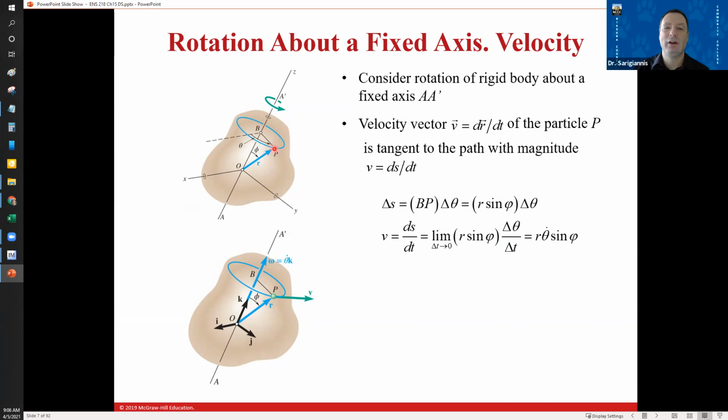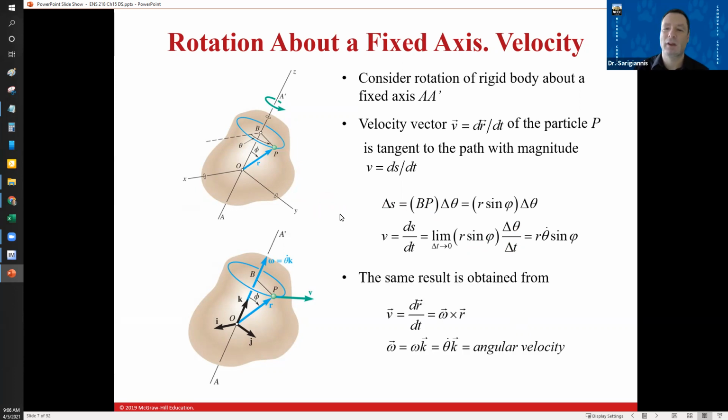It's moving in a small increment theta in a certain amount of time. You can do the cross product and get r theta dot sine phi for our velocity, theta dot meaning d theta dt, times sine of phi, which is just your angle here.